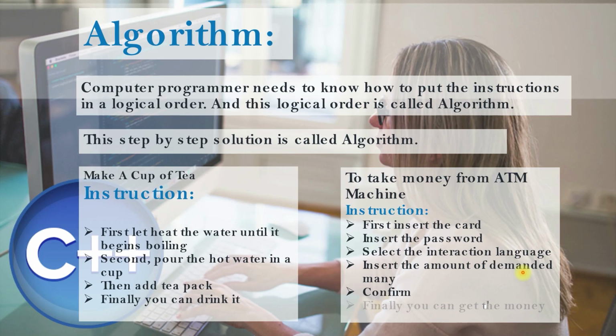This is a step-by-step solution of a problem, the problem of taking money from an ATM machine. This step-by-step solution is called an algorithm, the algorithm of taking money from an ATM machine. So a step-by-step solution of a problem is called algorithm.